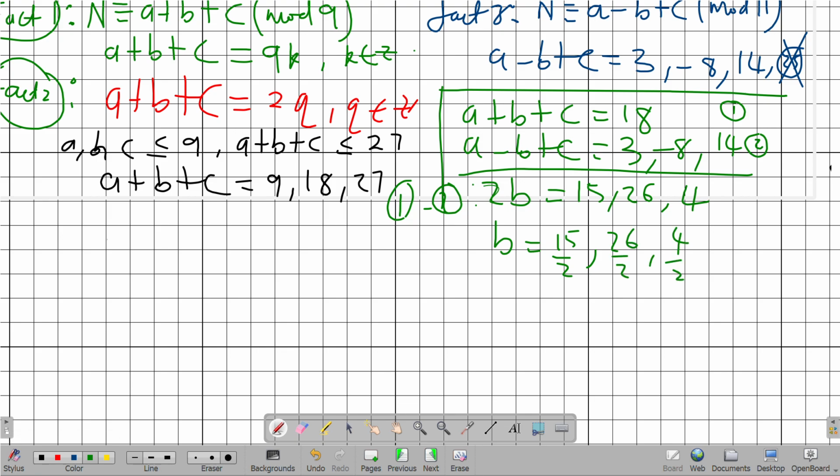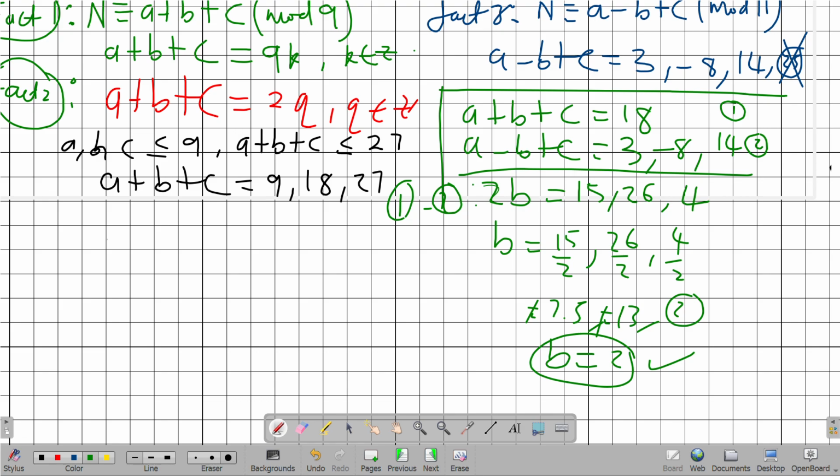Of course, that means b is 7.5. Is b 7.5? No, because b is an integer. So this is not true. Is b 13? No, because b is in the set 0 to 9. And is b 2? Yes, so our answer for b can only be 2. That's the value of b.